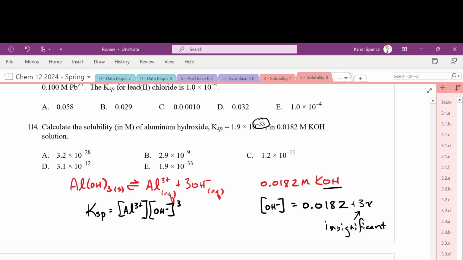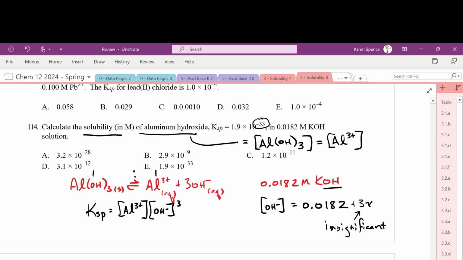Okay, so I could find out the concentration of aluminum. And because this is 1 to 1, if I know the concentration of aluminum, I know the concentration of aluminum hydroxide. The solubility of aluminum hydroxide is equal to the concentration of aluminum hydroxide, which is equal to the concentration of aluminum. So if we solve this for aluminum, I'm kind of running out of room here, but that's okay.